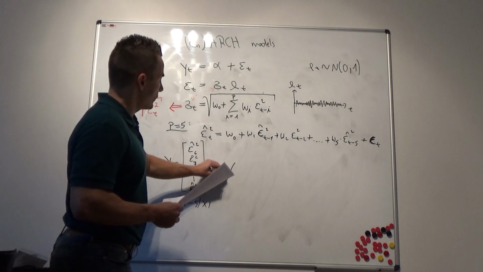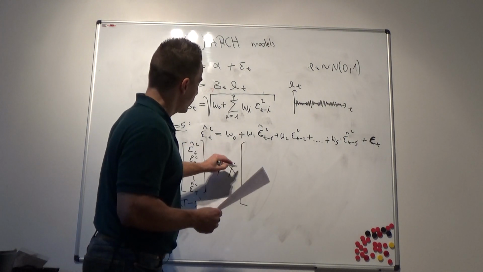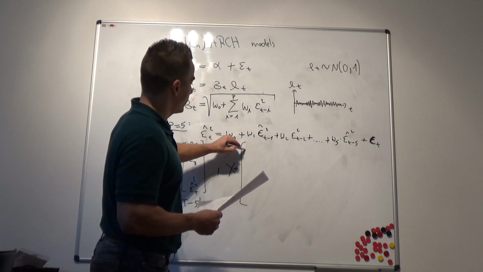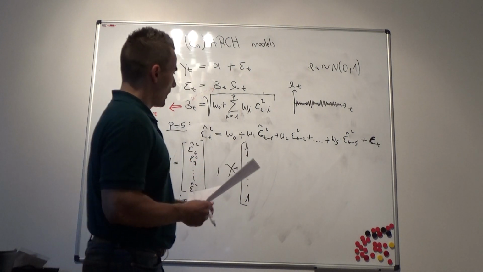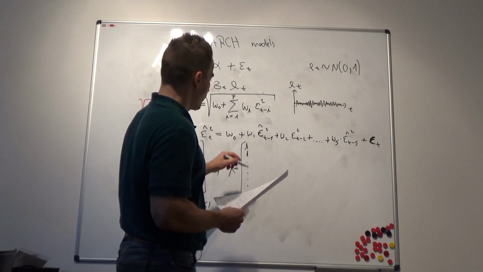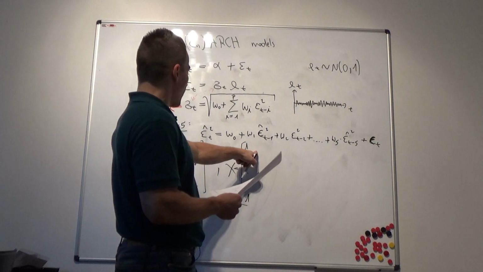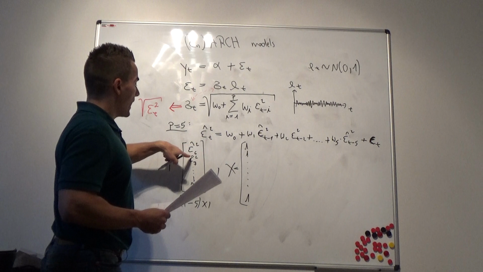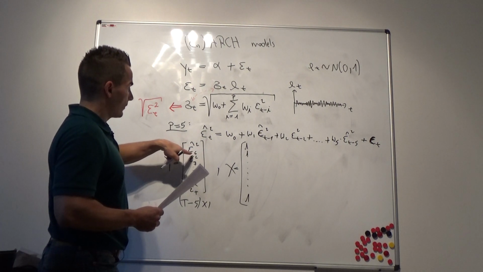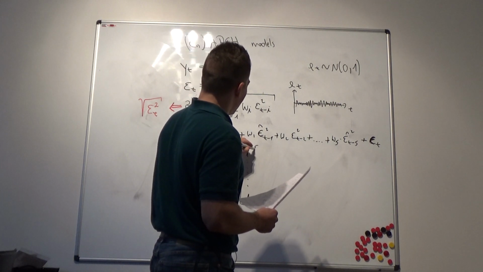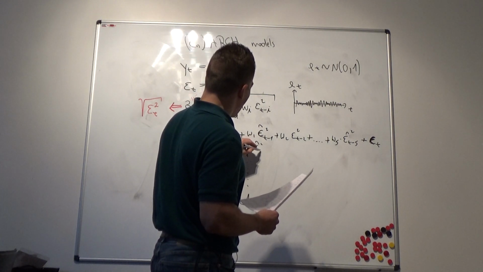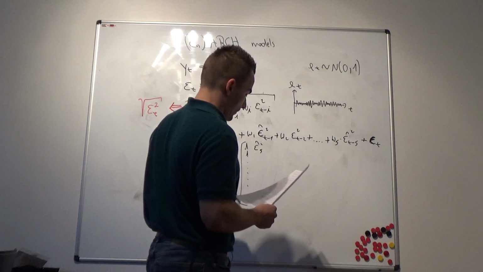So our X matrix, how is this defined? Again, we have obviously a vector of 1s in the first column, and in the second column, the first element is the lag value of epsilon at time t is 6 squared, which is obviously epsilon hat squared at time t is 5.